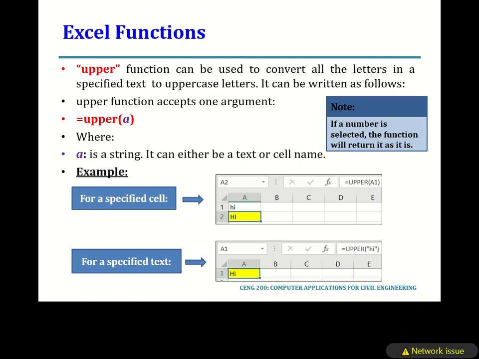But if I am typing the text myself, so instead of writing A1, I am writing Uneb myself, then it should be within inverted commas. So whenever a text is typed as input in the function, you have to enclose it in inverted commas. It is a general rule, whether you are doing it for this function or some other function. Okay, if you are typing the text in the argument yourself, you have to put it with inverted commas.